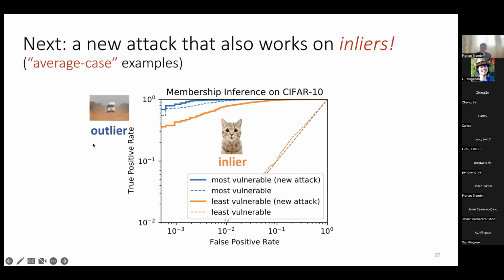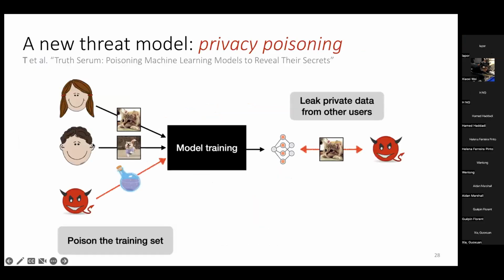Cool. Any other questions at this point before I move on to our second attack? Okay, great. Then let me move on and explain how we get membership inference to work for inlier data. Here, we're going to consider a slightly stronger threat model.